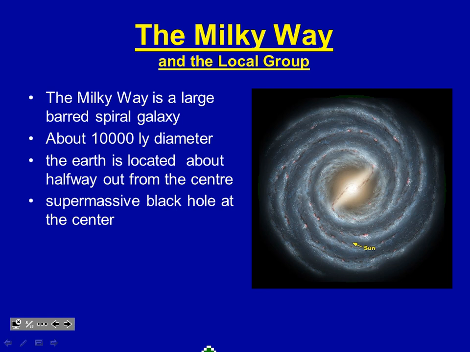It's about 100,000 light years in diameter. This is a conceptual image. There is no way that we could send a space probe into that position to take that picture. So it's what we believe exists based on what we can see from our point of view. Okay?